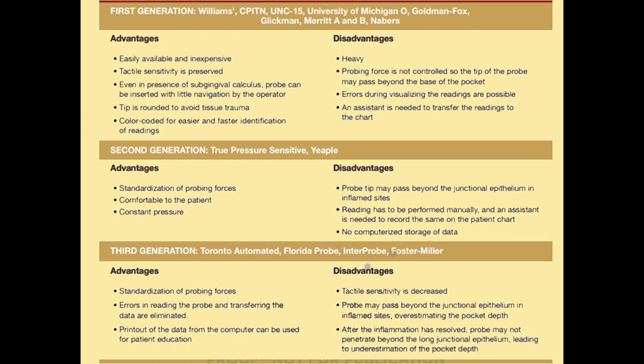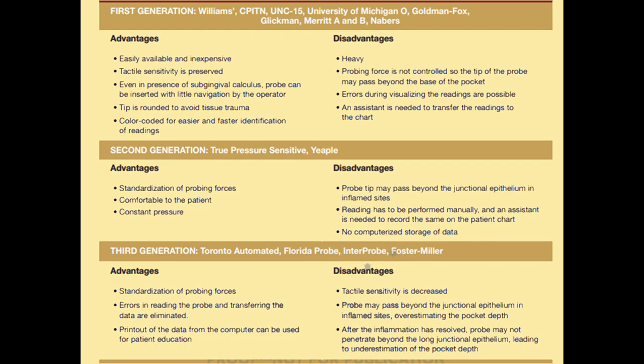Coming on to the first generation probe, advantages and disadvantages. First generation probes are, for example, William probe, CPITN probe, UNC 15, University of Michigan O probe, Goldman Fox Glickman, Merritt and Neighbors probe. These are all conventional handheld instruments. Advantages are they are easily available and inexpensive.